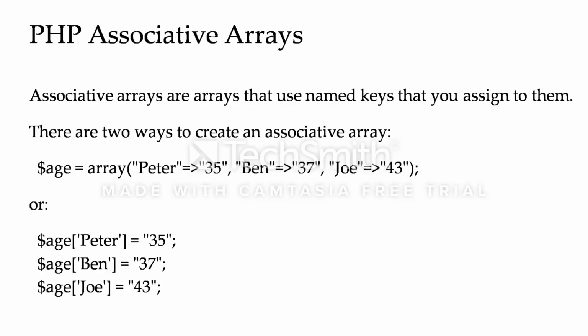In PHP associative arrays, basically associative arrays are like arrays but they use named keys that you assign to them. There are 2 ways to create an associative array. One is automatically associated arrays and another one is manually associated arrays. You can see the syntax of both associative arrays here.